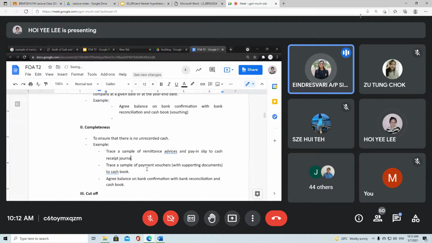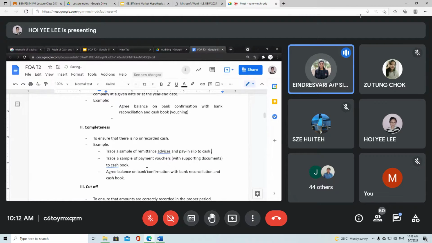And what is the purpose for tracing the remittance advice and pay in slip? Remittance advice for which transaction? Sales. So can you write properly, just how I explained to you for the previous example of vouching and tracing? You must select sample of what to what and for what purpose.